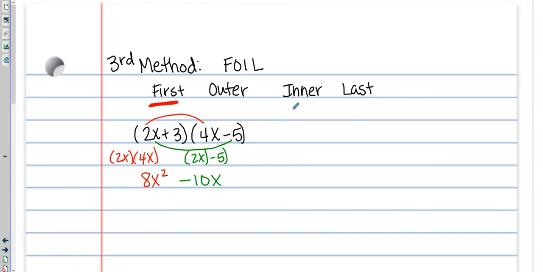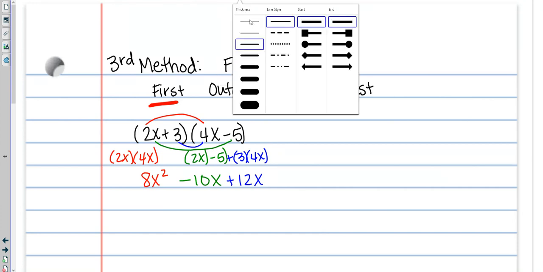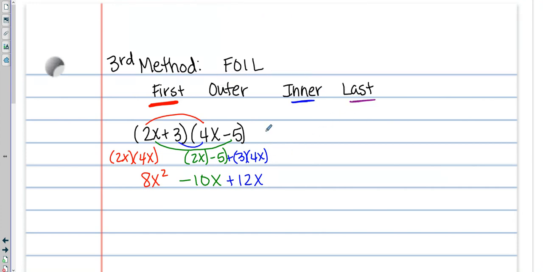Then we're going to do inner. The inner would be the two on the inside. So 3 times 4x, and 3 times 4x is 12x. And then last, we would do 3 times negative 5, which would give us negative 15.